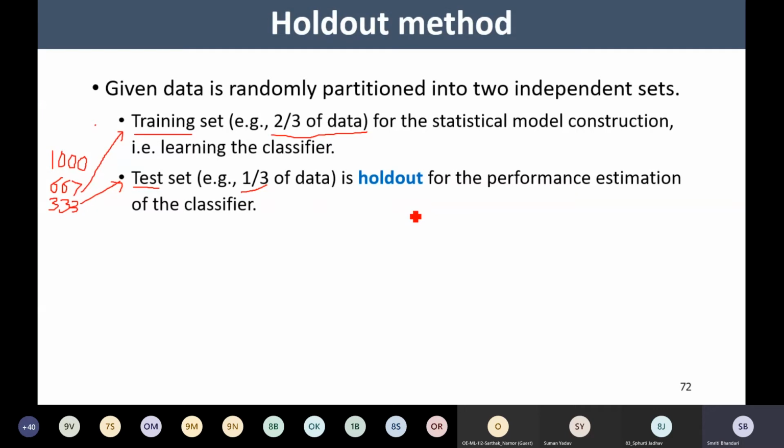So it depends. Typically the partitioning is 2/3 for training and 1/3 for testing, but other ways of partitioning the data are available, not necessarily 2/3 and 1/3. You may have 60-40, 70-30, 80-20, or even in some situations 90-10. So it depends.